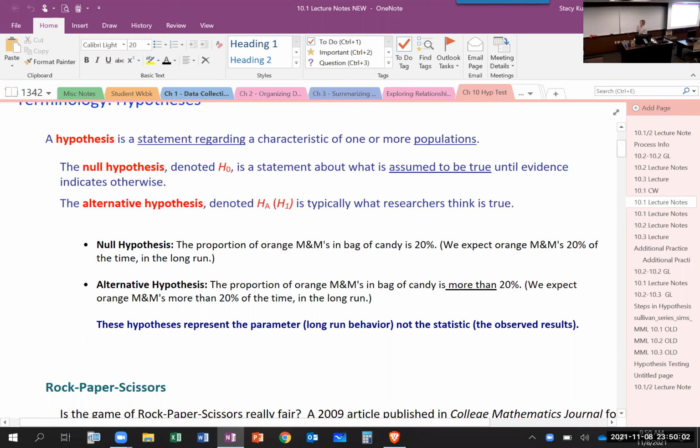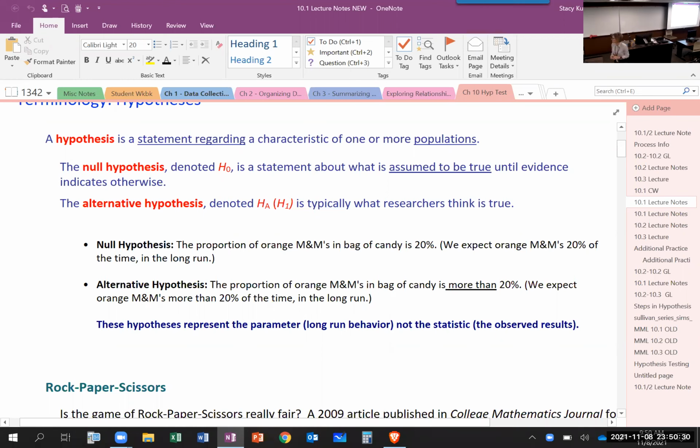That's the statement that Mars said was what they thought, right? That the proportion of orange M&Ms in a box or a bag of candy is 20%. We would expect about 20% of the M&Ms in a box to be orange in the long run.